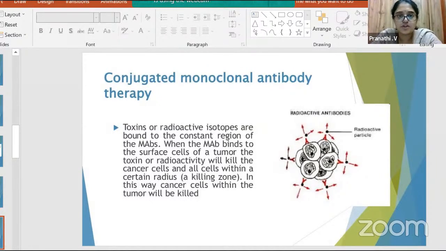They have a common structure of 4 peptide chains, 2 identical heavy chains and 2 identical light chains, and they are glycoproteins in nature. There are around 5 major classes of immunoglobulins: IgG, IgA, IgM, IgE, and IgD, differing in their size, charge, amino acid sequences, and carbohydrate content.